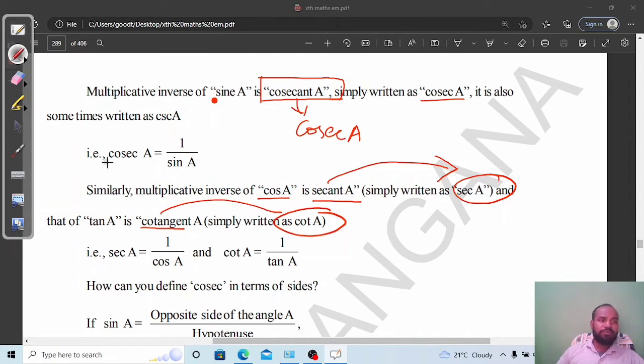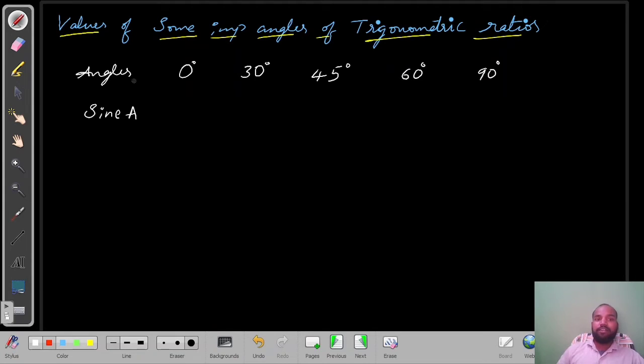Now I am going to explain how to derive some important values of the trigonometric ratios for some important angles. I have one simple trick. If you follow this trick, you never forget the values of the trigonometric ratios. The angles are 0 degrees, 30 degrees, 45 degrees, 60 degrees and 90 degrees.